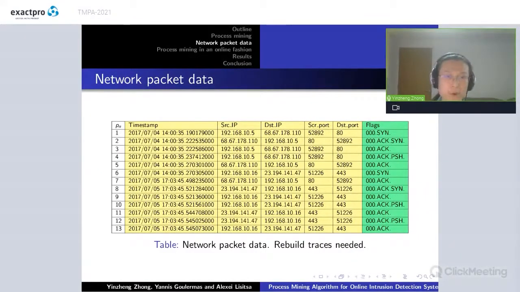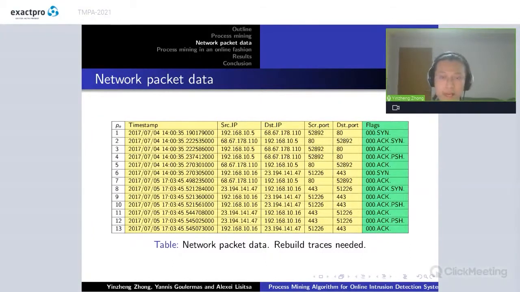Here's an example. It is a fragment of the network data we collected. As you can see in the yellow part, it's some basic information about the packets, for example, the timestamp and the IPs and ports. We can use the information from the yellow part on the left-hand side to reconstruct the flows or the network connections.